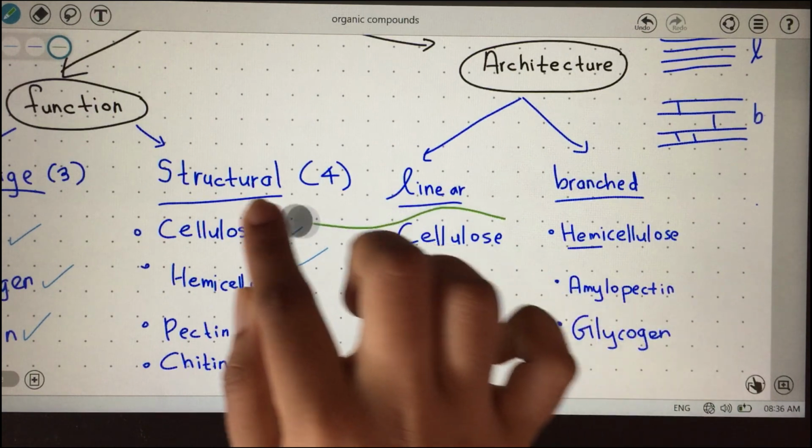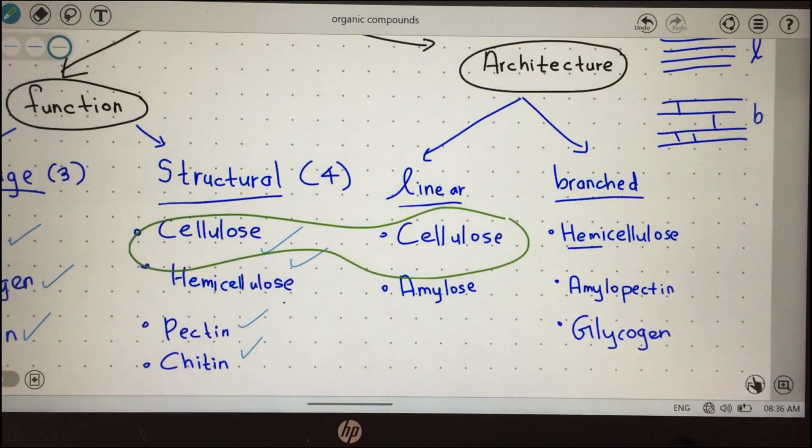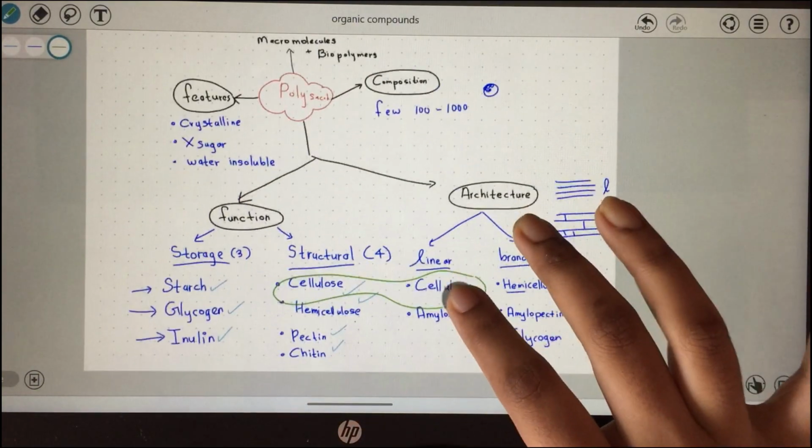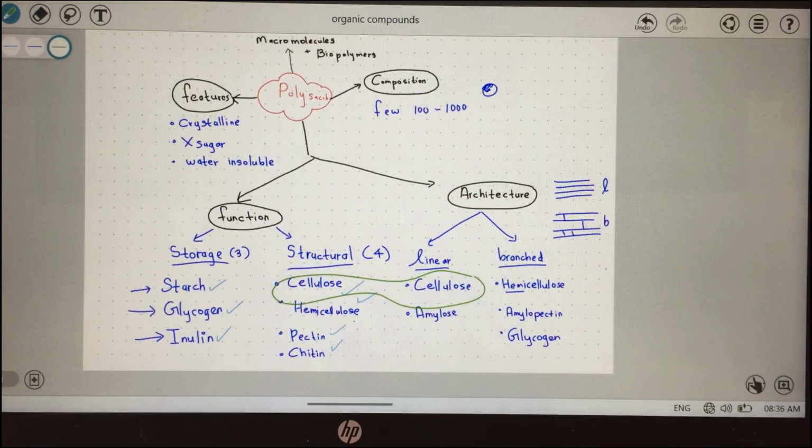Linear and structural: cellulose. Then I can ask you, give me an example of a branched structural polysaccharide. Then that's hemicellulose. Branched storage polysaccharide, then that's glycogen. So you should be able to link it in that way also, not just the direct way of how you remember it. That's application based questions.